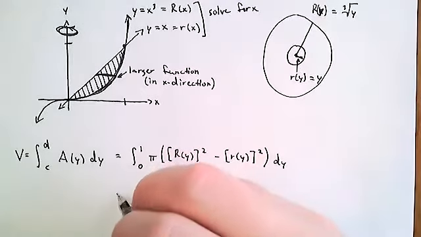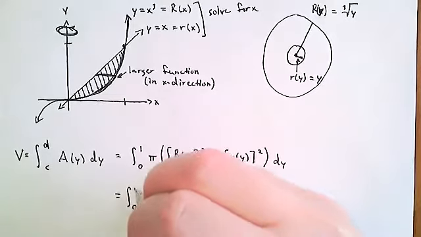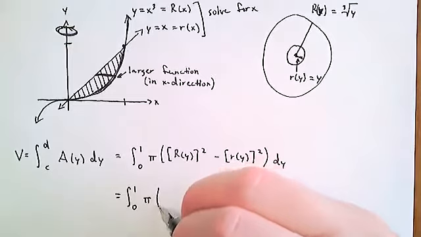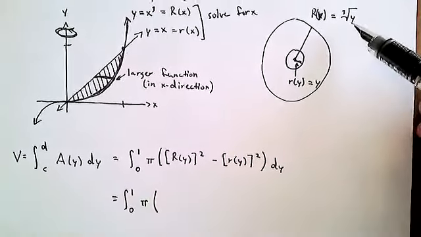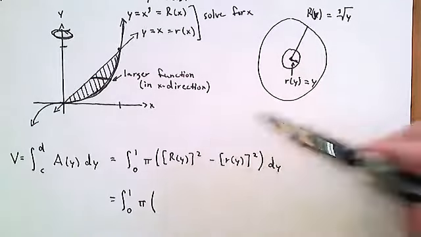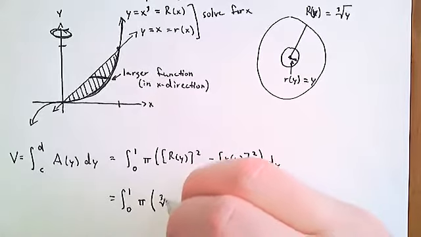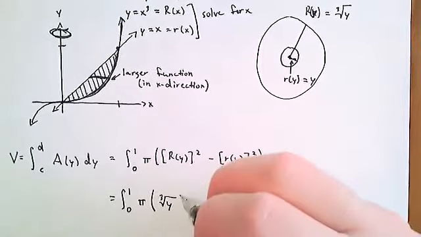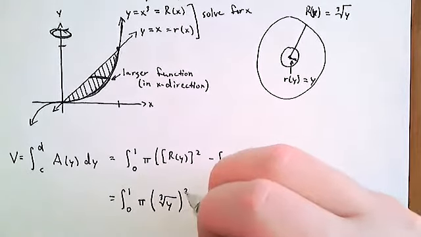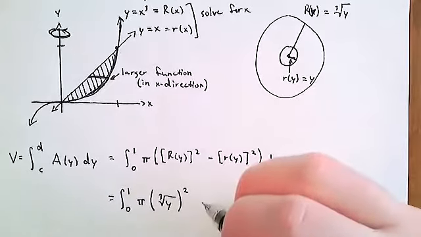And then plug in. So we have a cube root of y for our outer function, our larger function, and that's going to be squared. And then our smaller function is just y by itself.